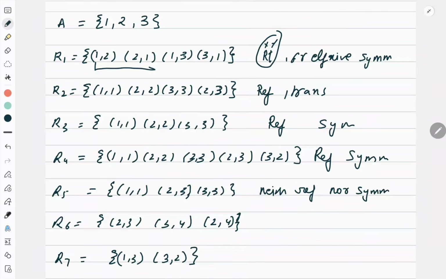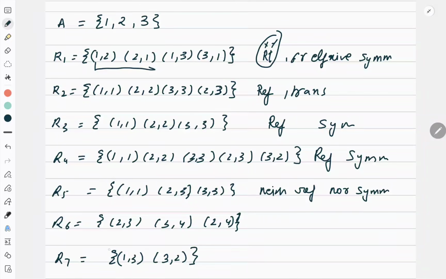And when I talk about transitive, (1, 1), but nothing else is starting from 1, (2, 3) and (3, 3). So (2, 3) is there. Correct? But nothing is starting with 1, so I will not talk about the transitivity because I don't have that many pairs there. Okay, nothing is starting with 3 also.